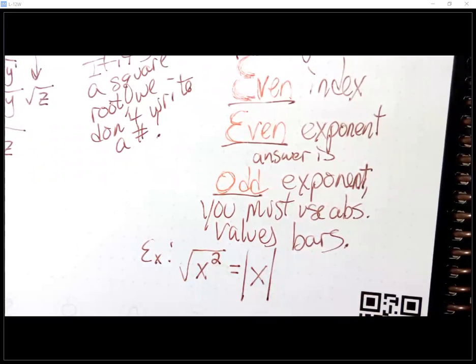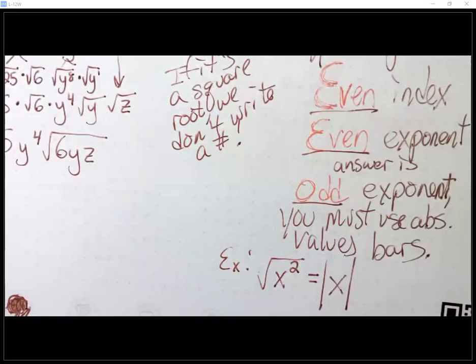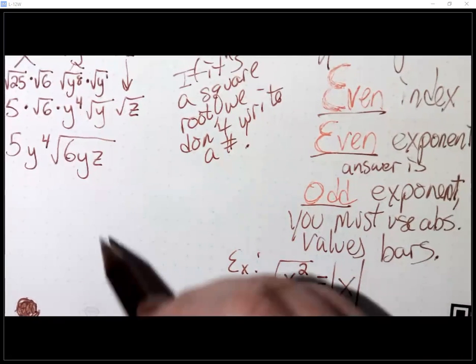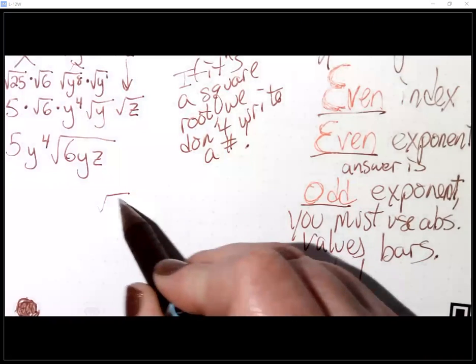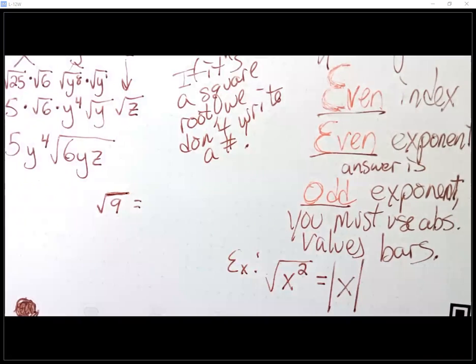Why? Why would you even bother? Why do you care? So let me try and show you with an example. If I ask you what the square root of 9 is, and it's written like this on the paper, remember we talked about this a couple chapters ago.